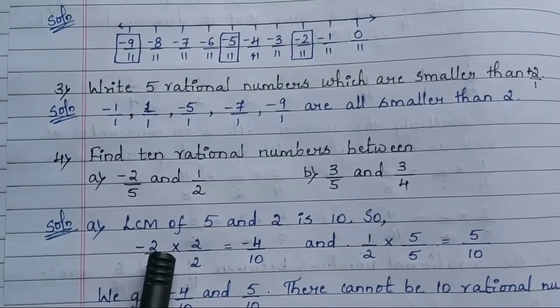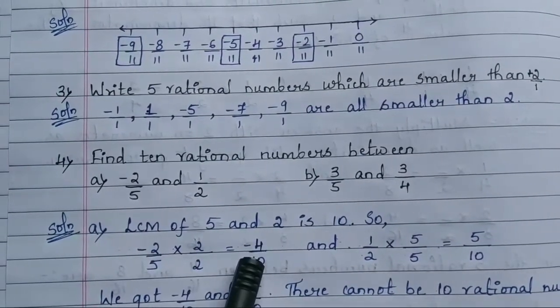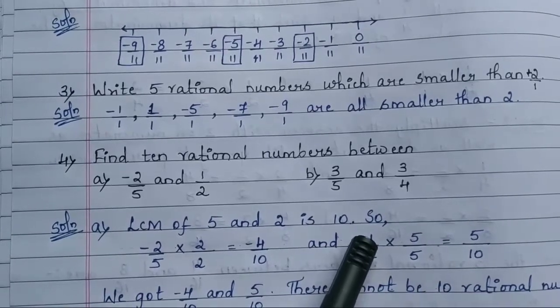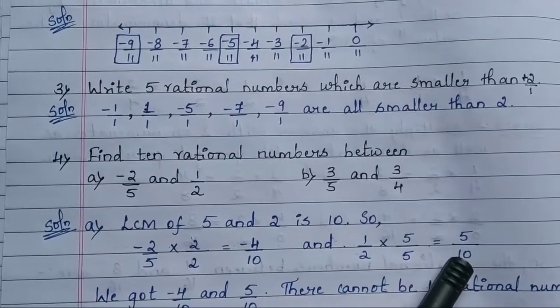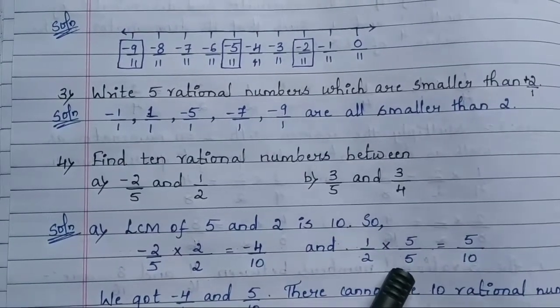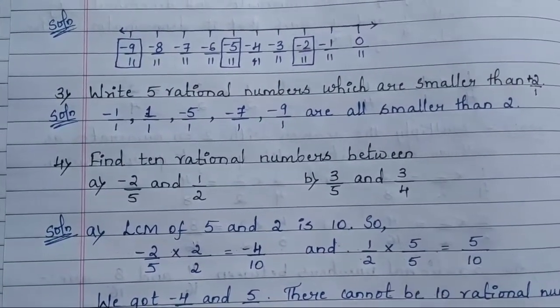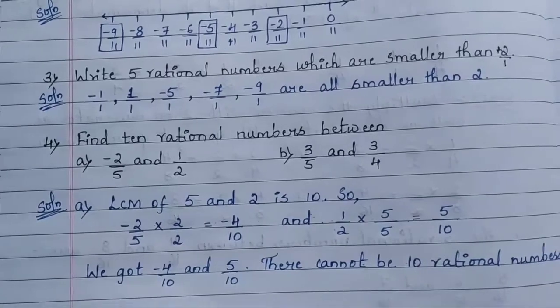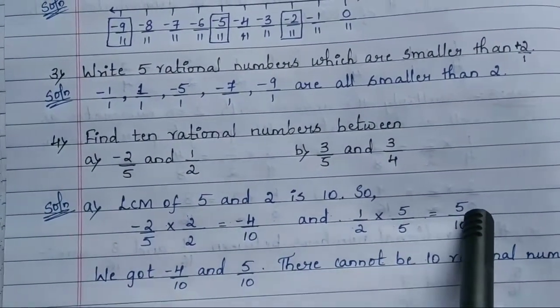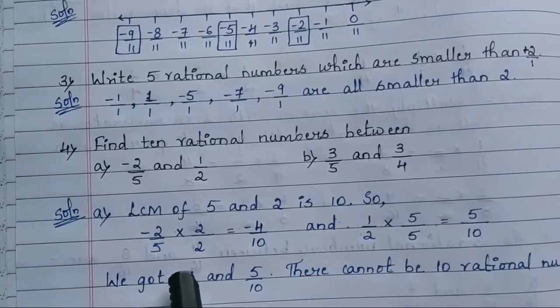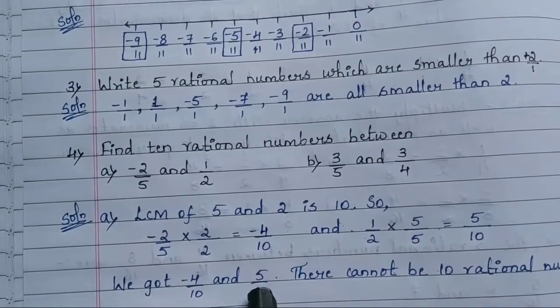You will get minus 2 into 2 is minus 4 by 10, and in this case 1 by 2. When you multiply 2 5s, you are going to get 10. So if you multiply 5 to the denominator, you also have to multiply 5 to the numerator. So it will become 1 into 5 is nothing but 5. So you got minus 4 by 10 and 5 by 10.